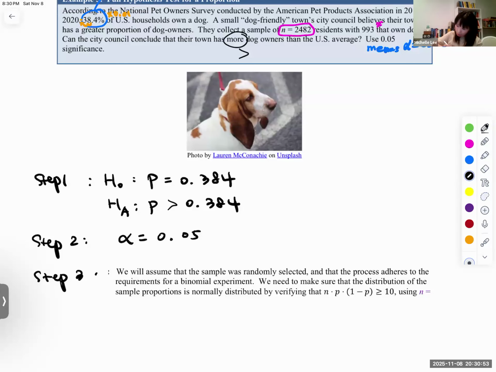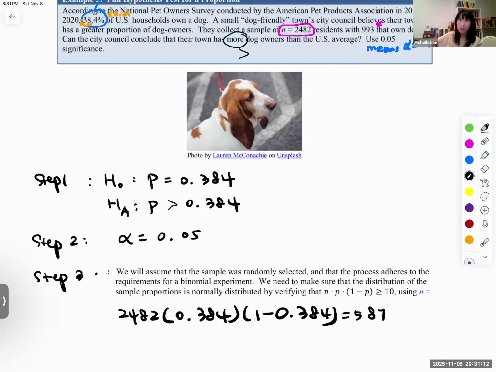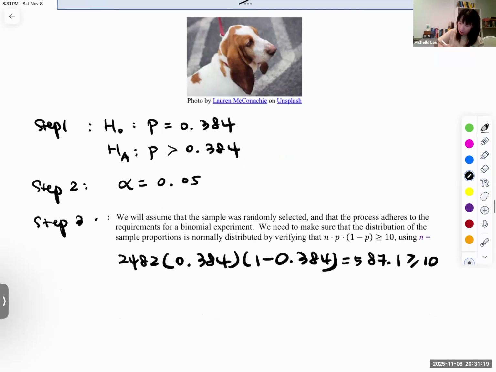N times P times 1 minus P. So n equal to 2,482 times 0.384 times 1 minus 0.384. Can you please calculate? It's 587.1, which is greater than or equal to 10. So it's a normal distribution.